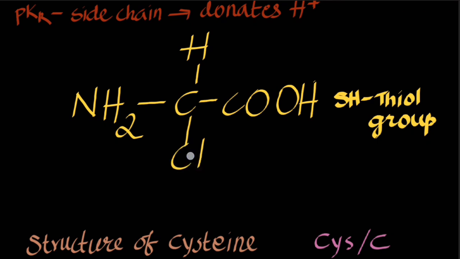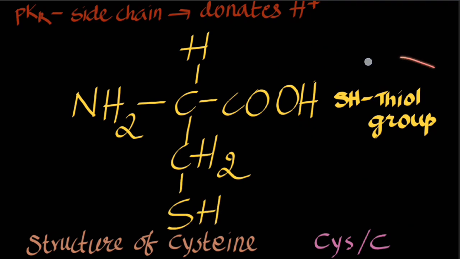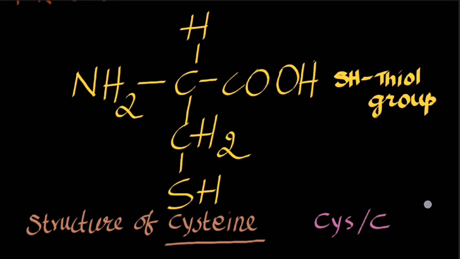In the R group, we have SH. So what exactly is this SH? This is actually the thiol group. So this is the structure of cysteine. Cysteine is also written as CYS, which is the 3-letter code, and C, which is the 1-letter code. So now we have made the structure of cysteine as well.